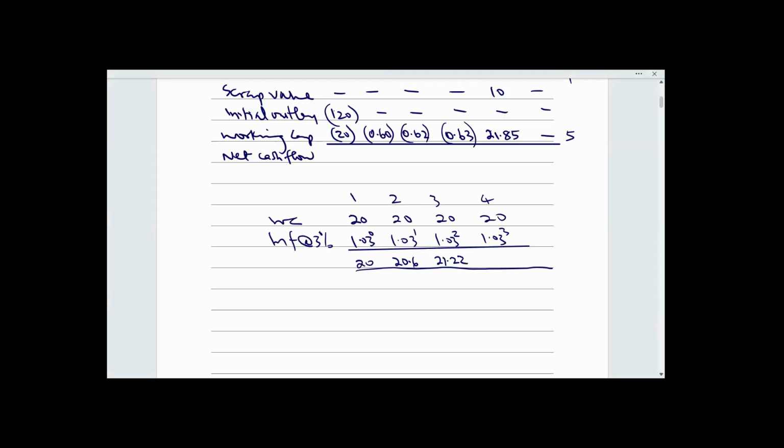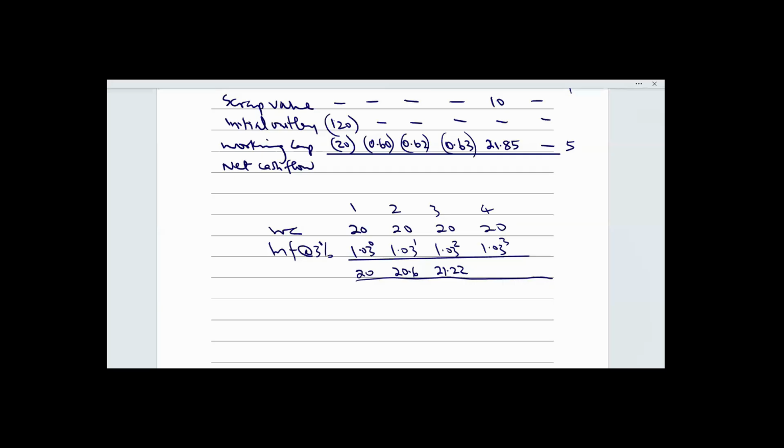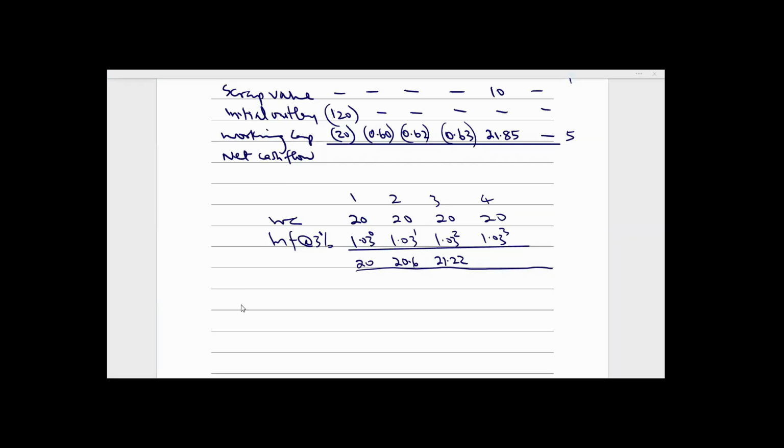Then the next one, 1.03 raised to power 3, then multiply by 20, 21.85. Here is 21.85. So this is the inflated working capital. We called this one inflated working capital last week.